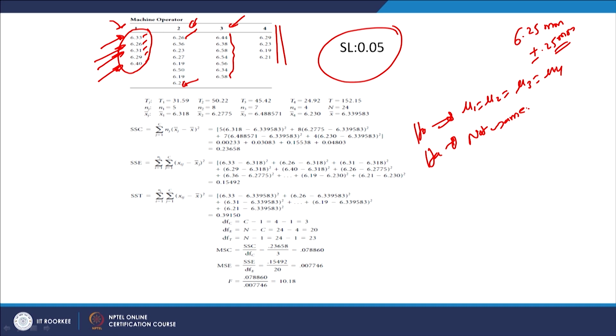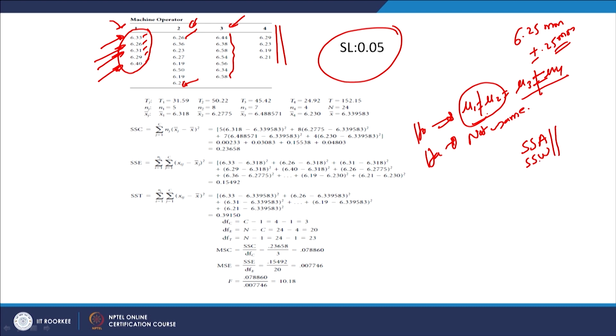Now, for example, if mu3 is not equal to mu4, then we will reject the null hypothesis. Or let us say mu3 is equal to mu4, but mu1 and mu2 are not equal, then also we will reject the null hypothesis. So to solve this question, we will first find the sum of squares among columns and the sum of squares within columns.